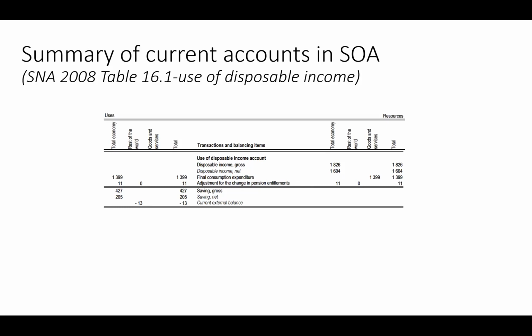For the saving, I'm typing in the chat here, net saving is gross saving minus consumption of fixed capital: 427 minus 222 is 205.